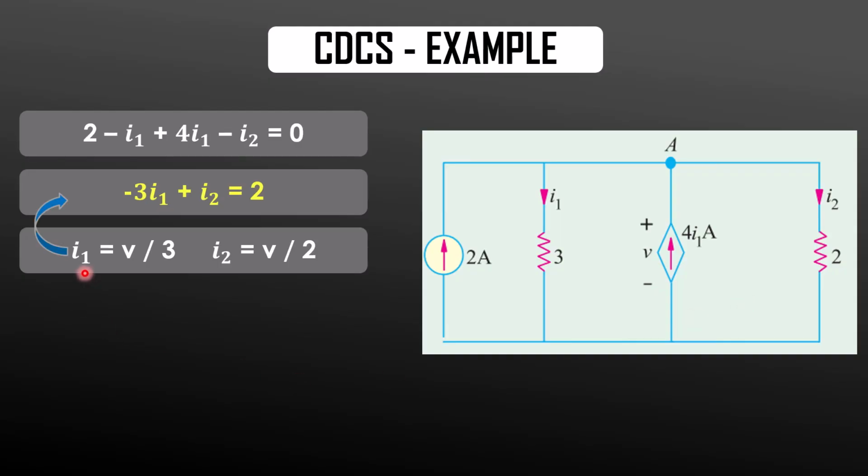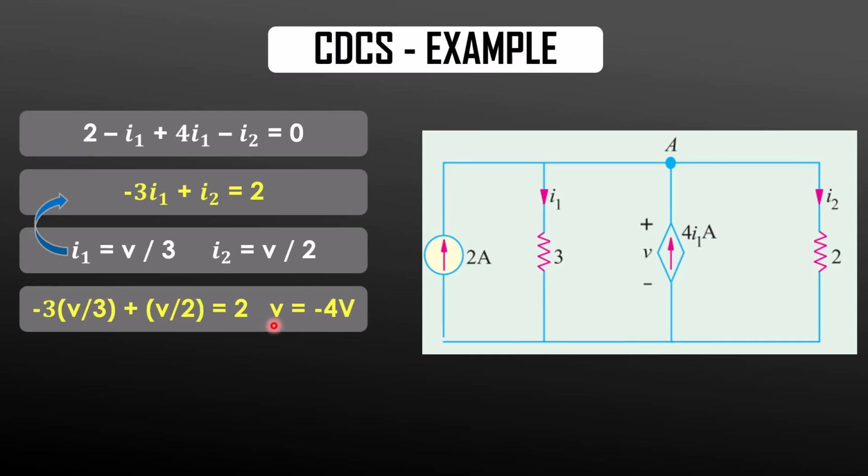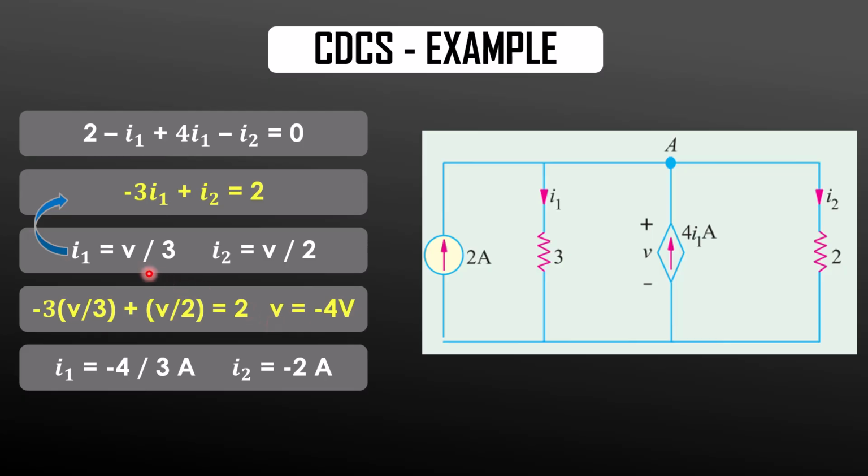Now, putting back the values of I1 and I2 in this equation, the voltage comes out to be minus 4. By putting the value of this voltage into these equations, I1 comes out to be minus 4 over 3 ampere and I2 is equal to minus 2 ampere.